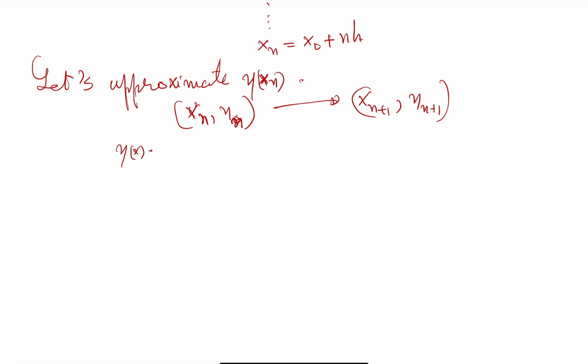Okay, so now let's think about those two points and we draw the straight line and we try to approximate by using the tangent line approximation. Okay. Remember, we are now using the tangent line approximation.